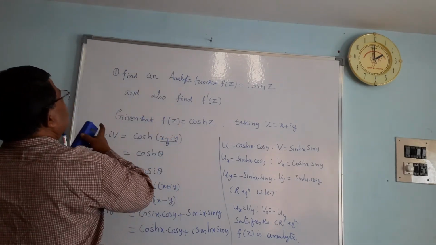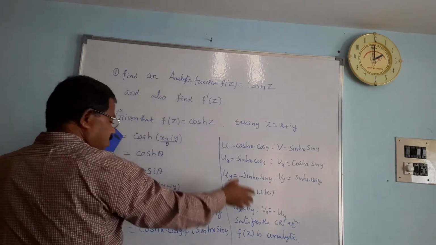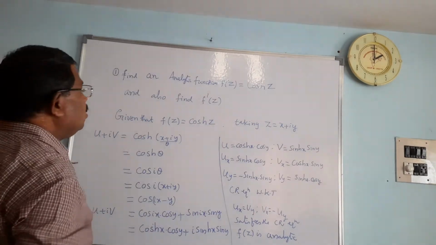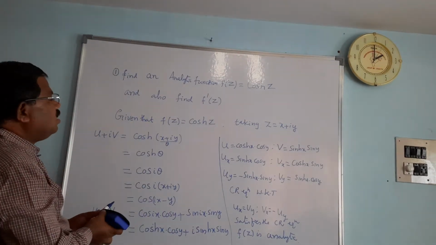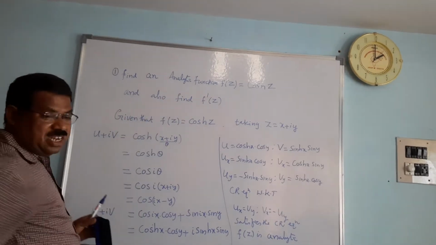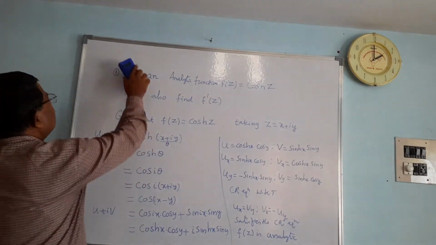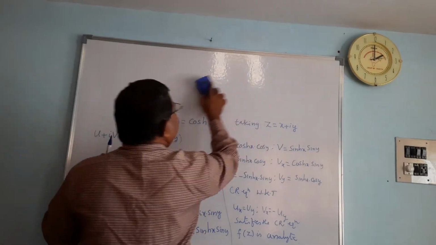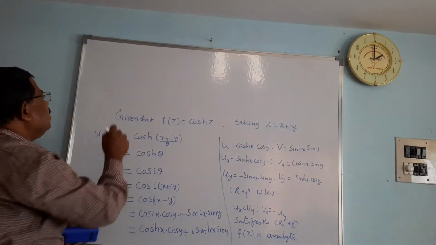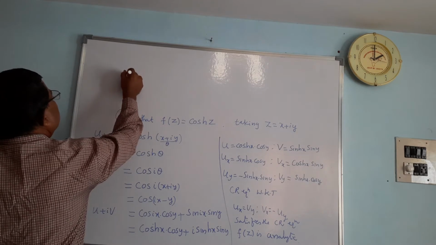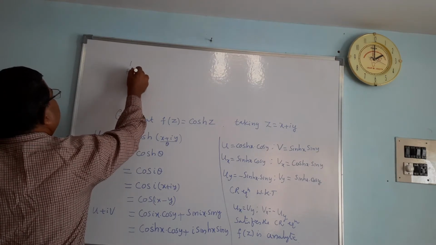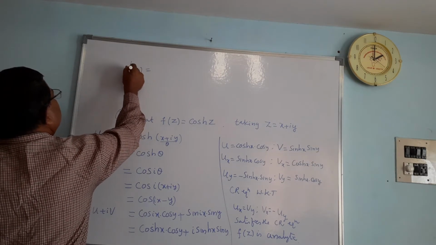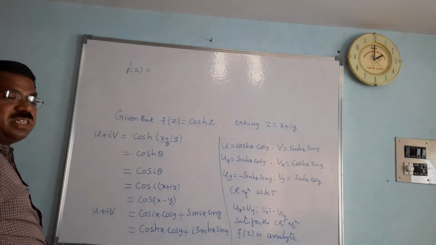Next, find its derivative, that is, find f dash z. This is a given analytic function, already we showed that. Next, find out f dash z. One part is over, and also find f dash z. What is the formula for f dash z?